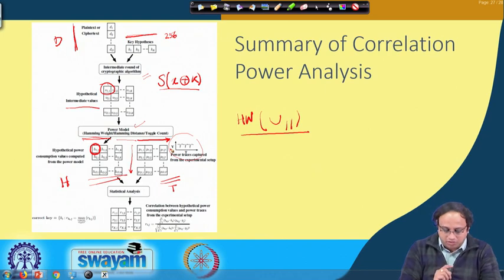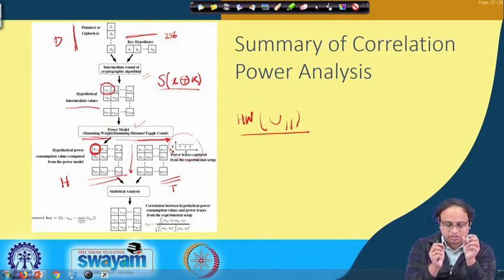Now you try to correlate one of the columns of the hypothetical power matrix with your real power matrix, and that gives you the i, jth position of your correlation matrix. That, as we have discussed, is noted over here, and then the correct key is returned by finding out the max of these correlation values.